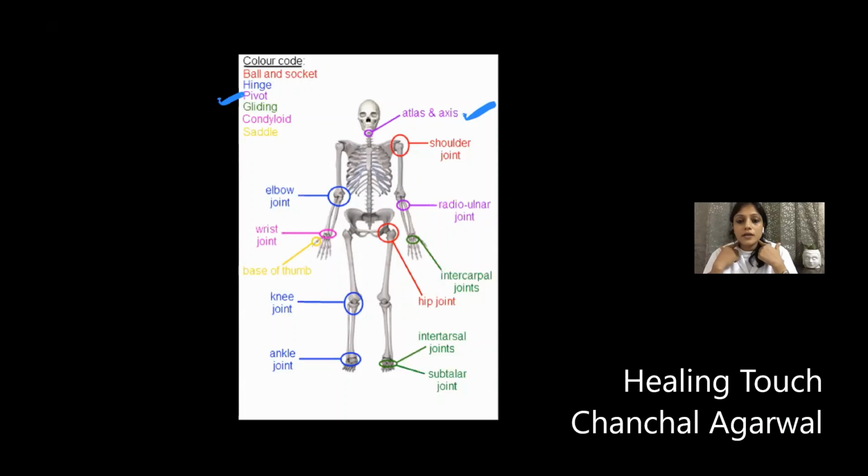So your cervical का topmost vertebra is holding the skull. ठीक है, and the first vertebra and the second vertebra has a joint which is called the pivot joint. Atlas is the first vertebra, axis is the second vertebra, and they are present on each other with the help of this pivot joint.